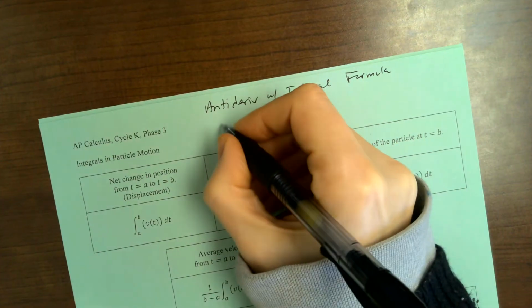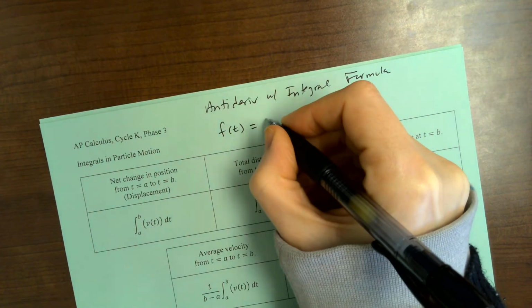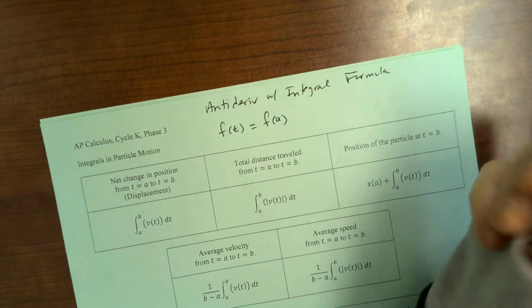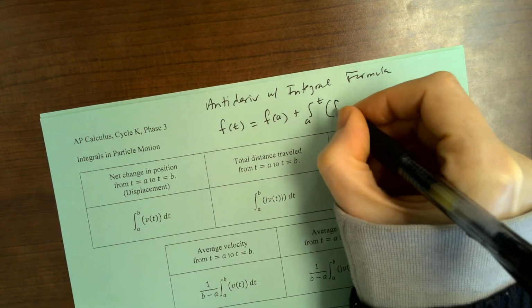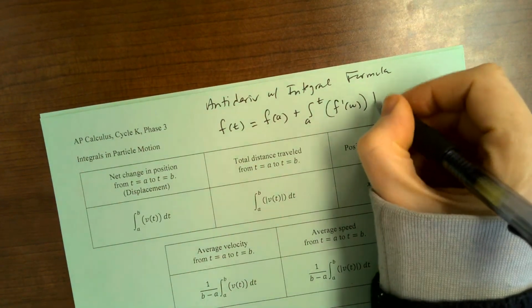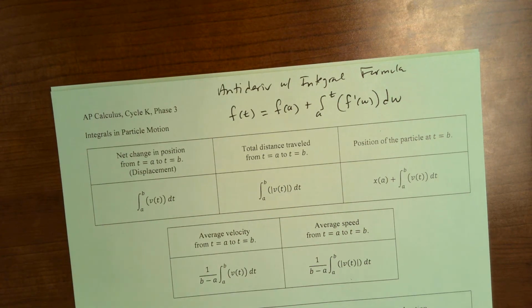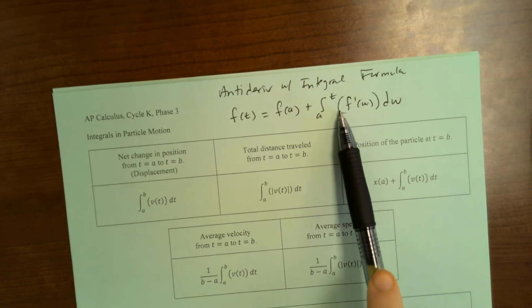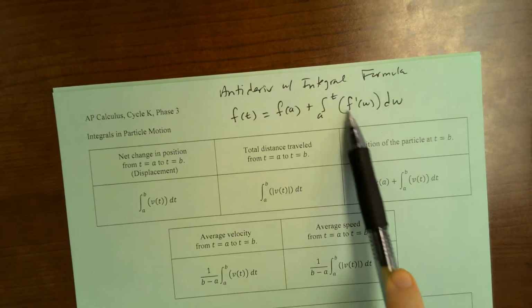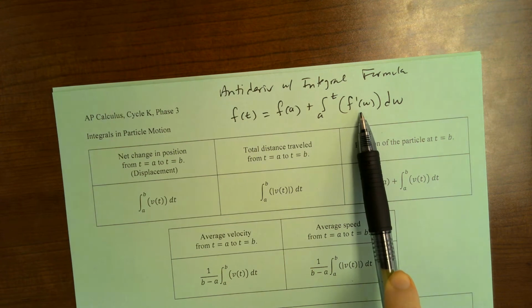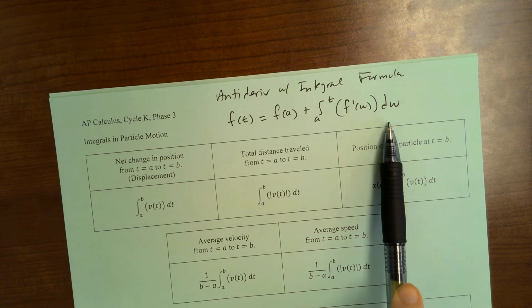It says that f of t is equal to f of a plus the integral from a to t f prime of w dw. So if we know the derivative of a function and we want to go backwards to the antiderivative, we could use this formula to get it, okay?